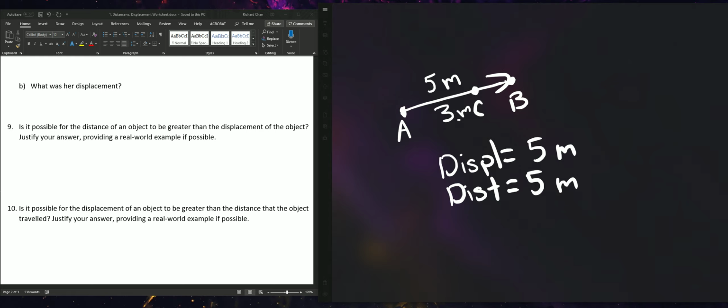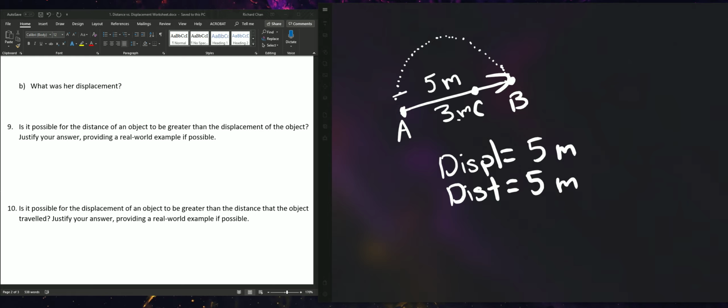So your distance can be greater than your displacement, right? Let's say instead of just going from point A to point B, I took a detour, went this way. We can clearly see that this takes longer than 5 meters. So yes, it is possible for the distance of an object to be greater than the displacement of the object.